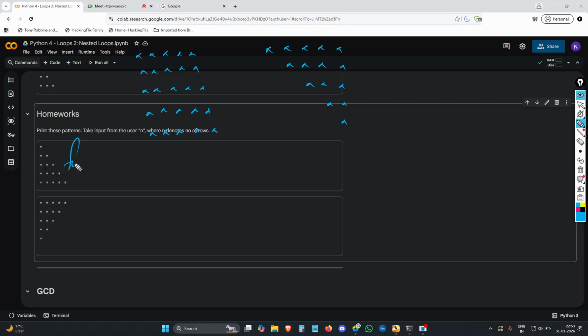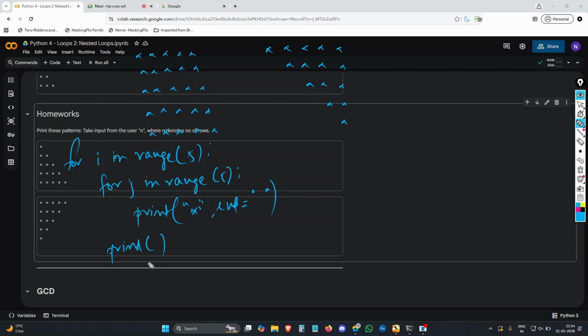We discussed it like: for i in range 5, for j in range 5, print star, with the parameter end equals space, and then a print.